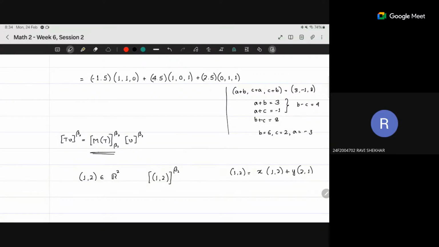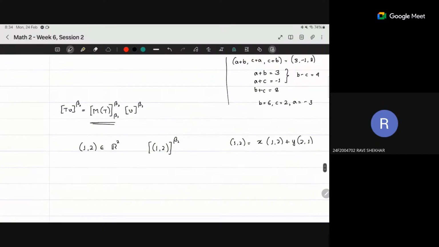The given basis beta 1 is (1, 2), (2, 1). So 1, 2 can be expressed uniquely. This is the only solution in which you can express 1, 2 as a linear combination of 1, 2 and 2, 1. The coefficient vector for 1, 2 is 1, 0.